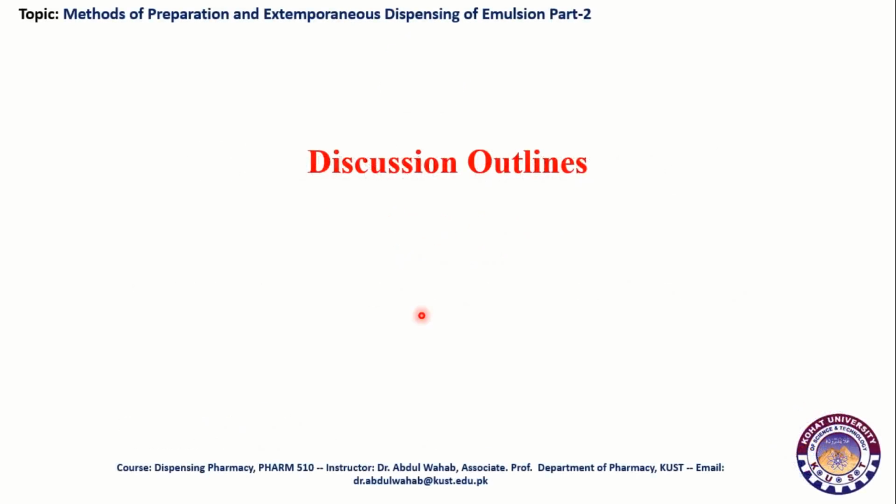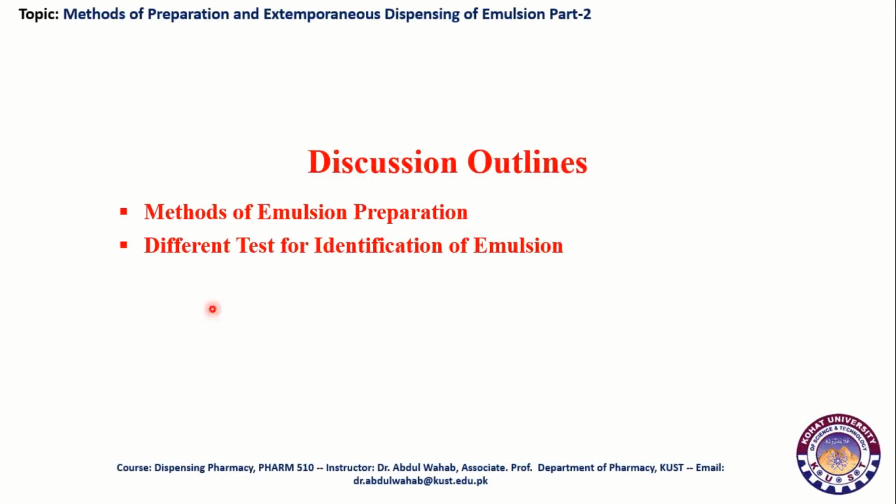As you can see in the discussion outlines: methods of emulsion preparation and different tests for identification of emulsion. After the extemporaneous preparation of emulsion, we can use different tests to identify whether the emulsion is oil in water or water in oil.